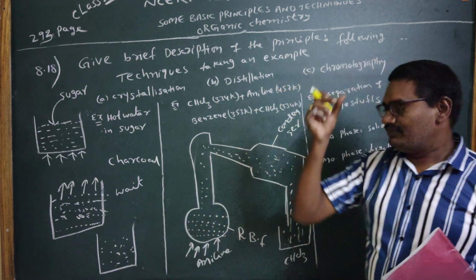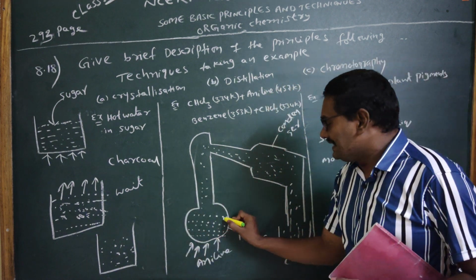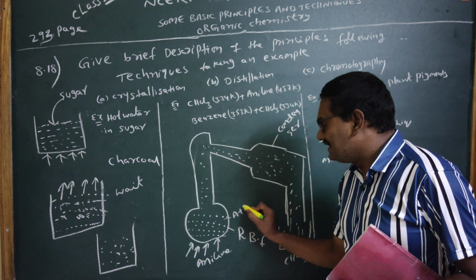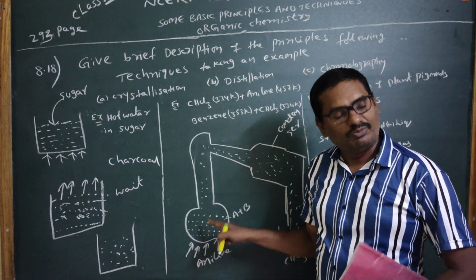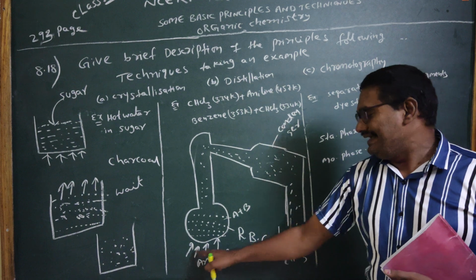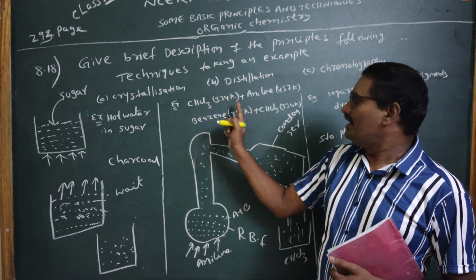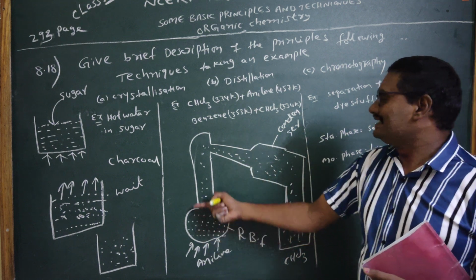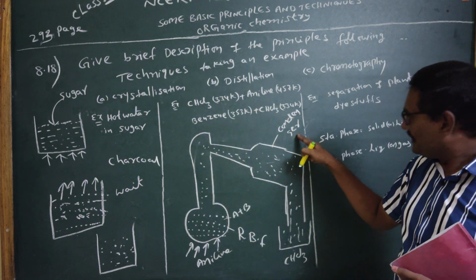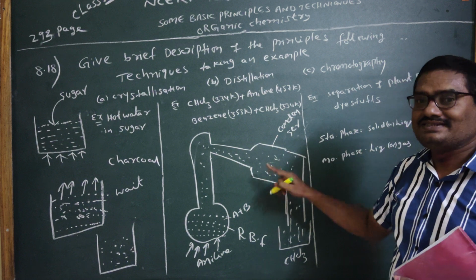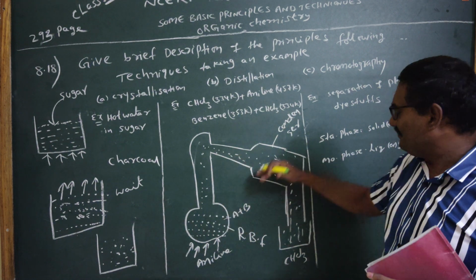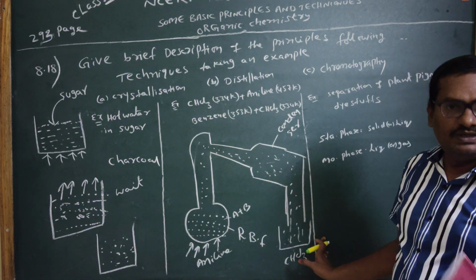Here compounds A plus B are mixed in the round bottom flask. When we heat it, the low boiling point compound evaporates first, enters the condenser, is cooled into liquid, and comes into the flask.